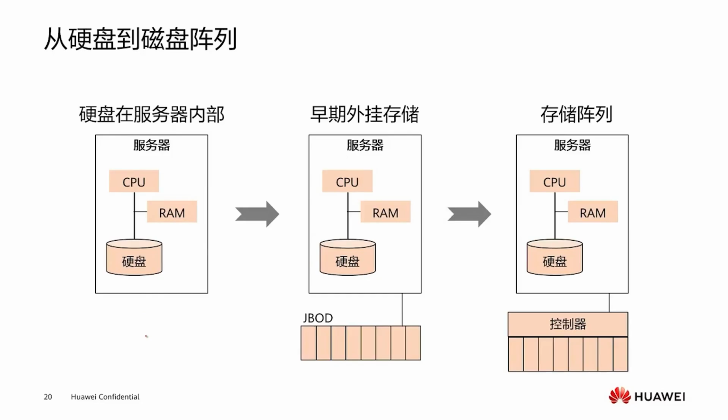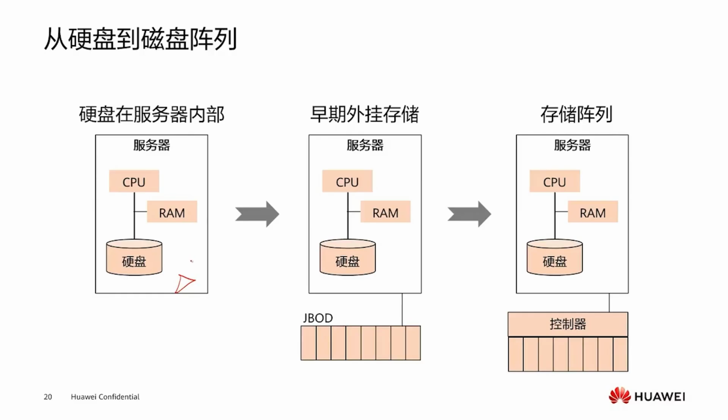Next, let's take a detailed look at how the storage architecture has evolved. As mentioned earlier, the earliest storage was composed of a single hard disk. As technology developed and hard disks became smaller, the architecture on the left appeared. That is, the hard disk is inside the server, but this architecture has limitations.